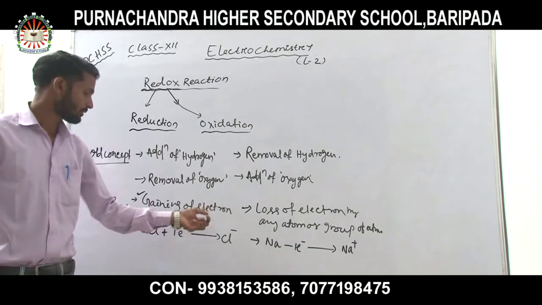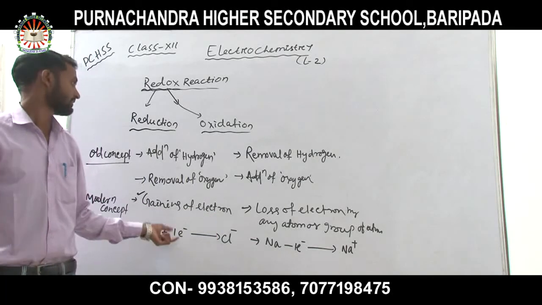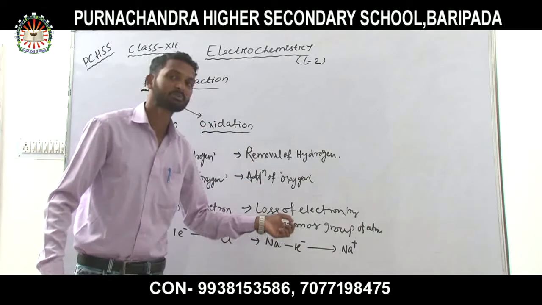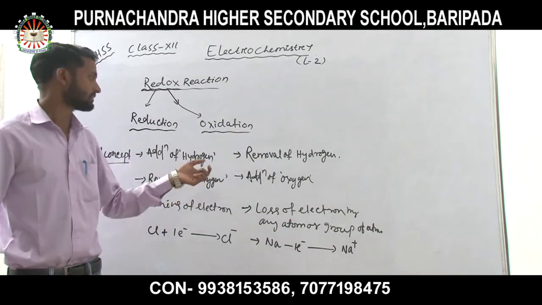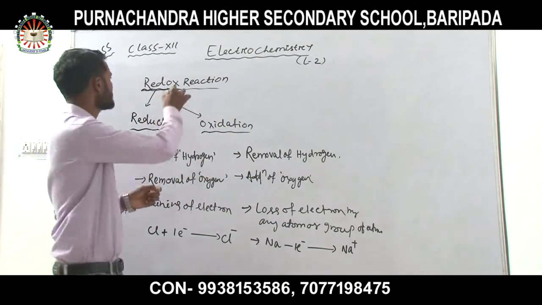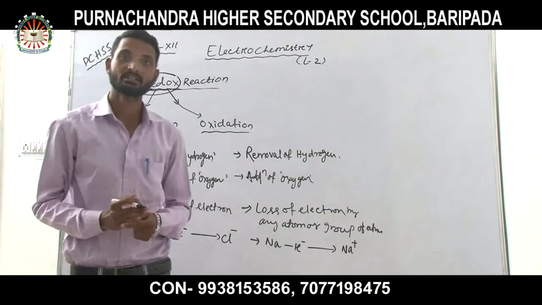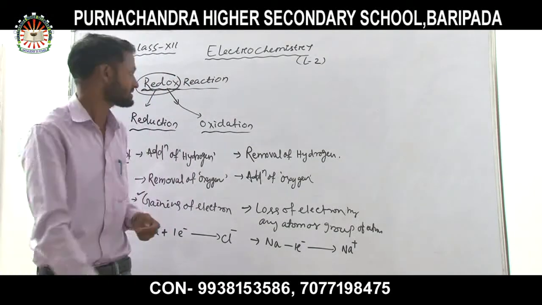The anion is formed by the gaining of electron, and that type of reaction is called reduction reaction, and this type is called oxidation reaction. In a redox reaction, both reduction and oxidation take place at the same time.